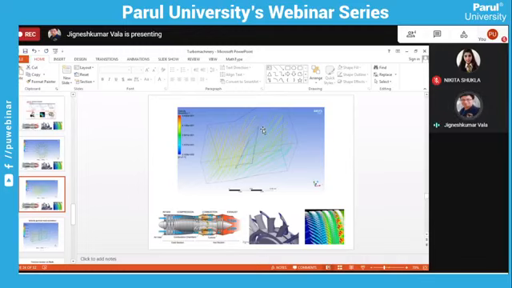Using this technique we can easily know that. Here the red color indicates the maximum value of velocity or pressure, and the dark blue color indicates the minimum value of velocity or pressure.